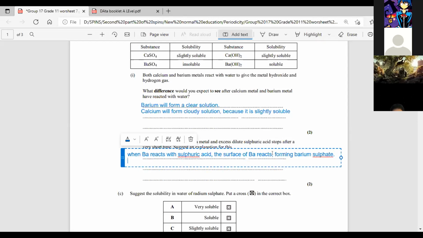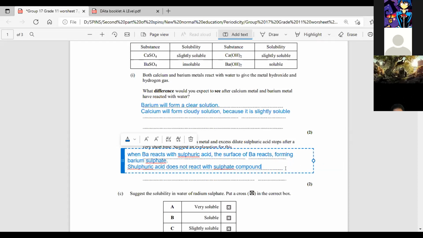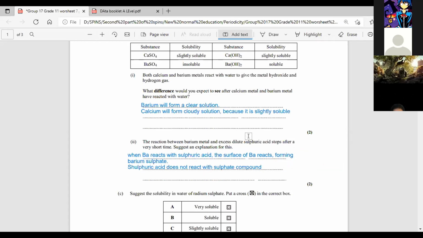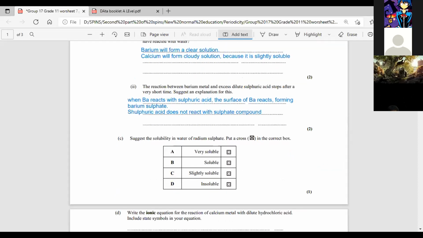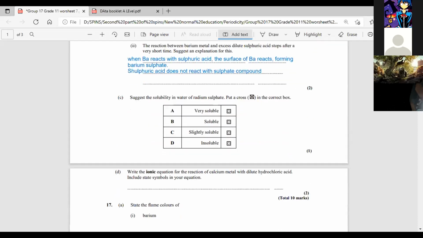Sulfuric acid does not react with sulfate compounds. This is the reason why after some time barium does not continue reacting with sulfuric acid.